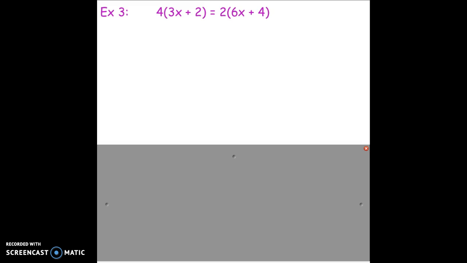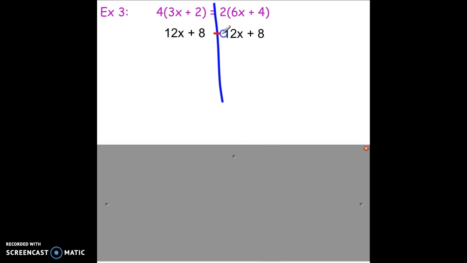Let's look at this one. Distribute on each side here. I'm going to type and see if that's a little faster. 4 times 3x is 12x. 4 times 2 is 8. On the right side, 2 times 6x is 12x. 2 times 4 is 8.